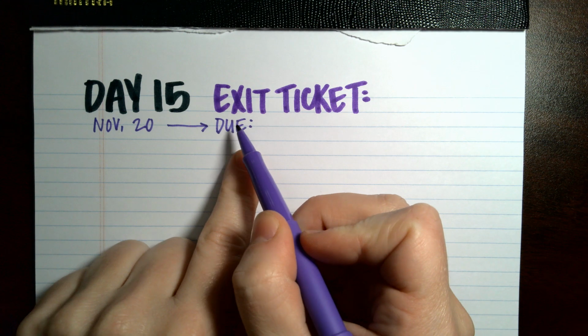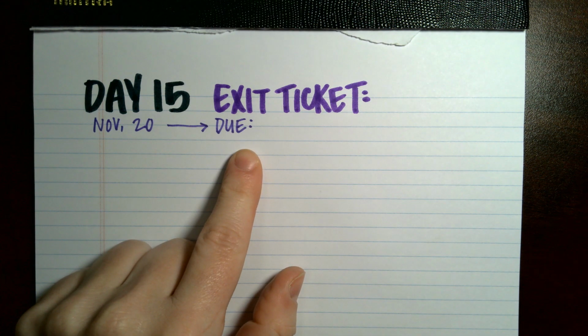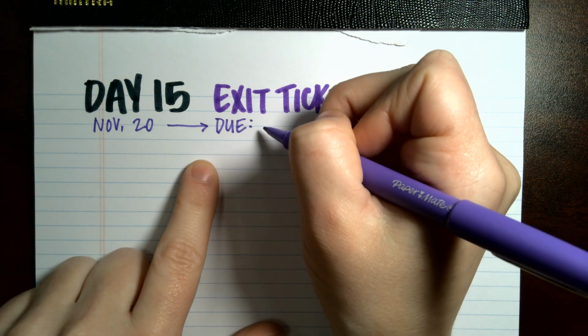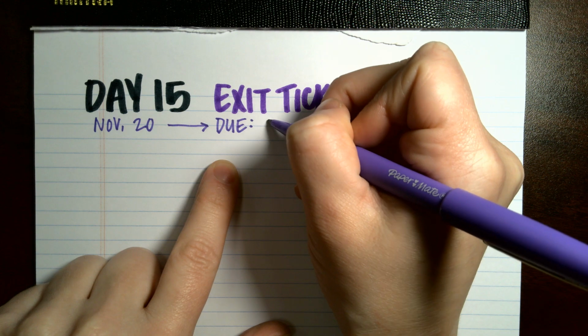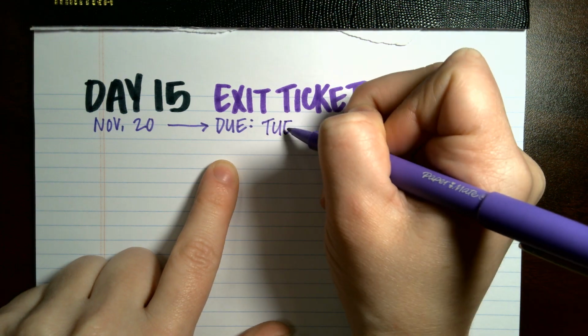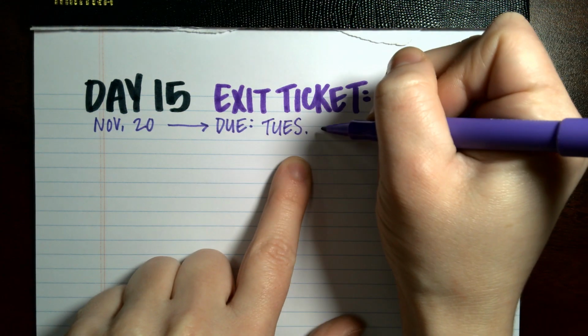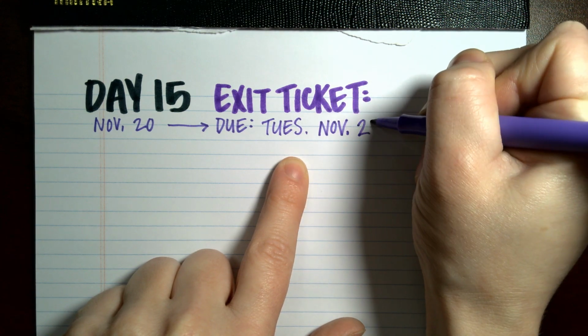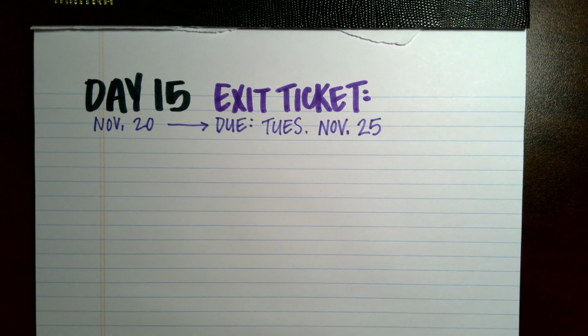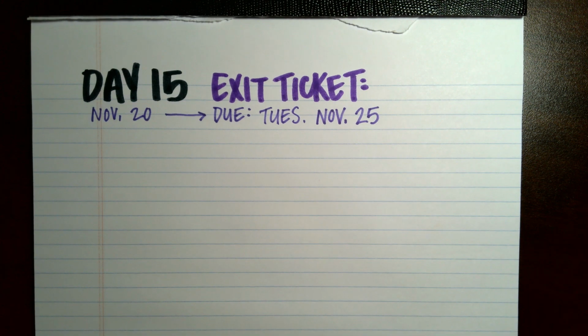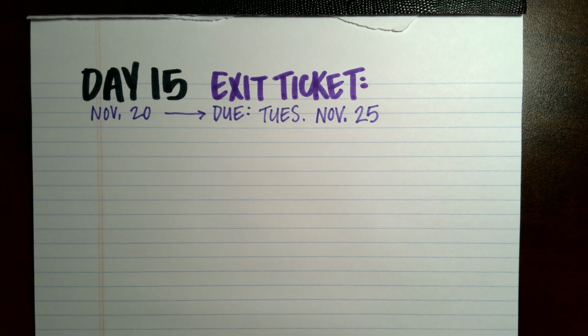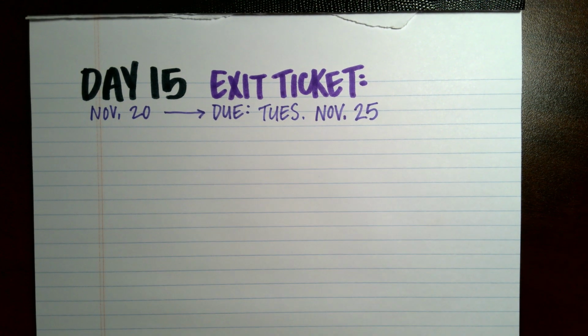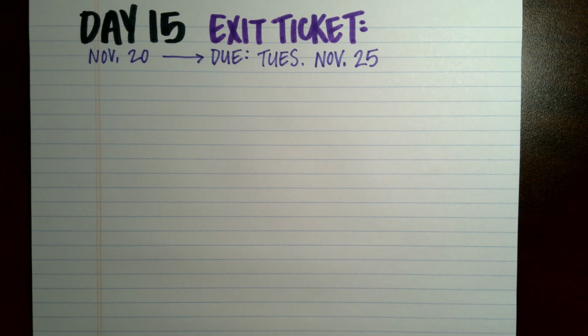So instead of this being next Wednesday, y'all won't be here next Wednesday. It's due next Tuesday. So this is due Tuesday, November 25th, on the last day before Thanksgiving. You're obviously welcome to turn it in sooner than that. This is just the last day I'll accept it.